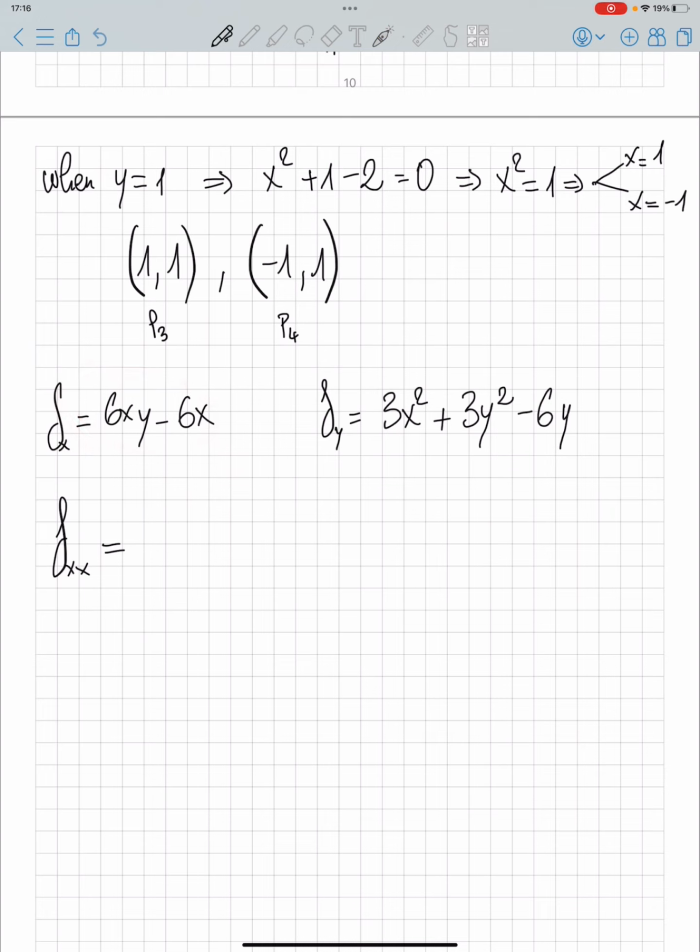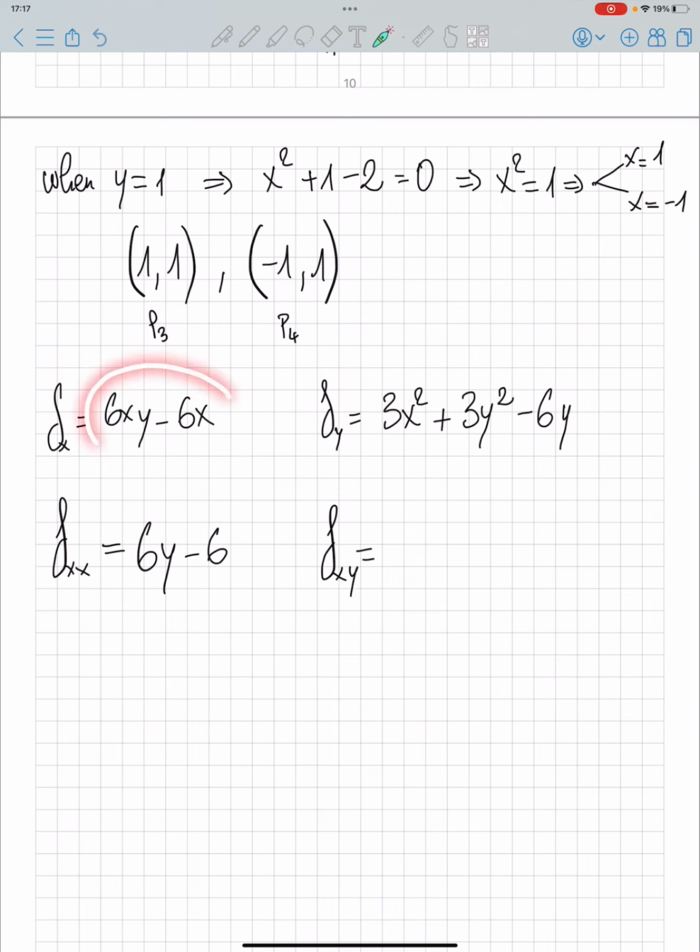So if we do that, here we're going to be left with 6y, because 6y is going to be a constant, minus 6, because here we have x, so the derivative of 6x with respect to x is equal to 6, right?